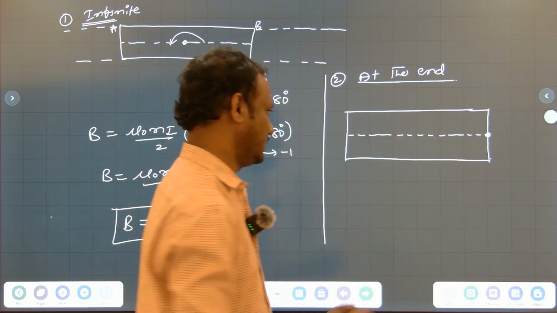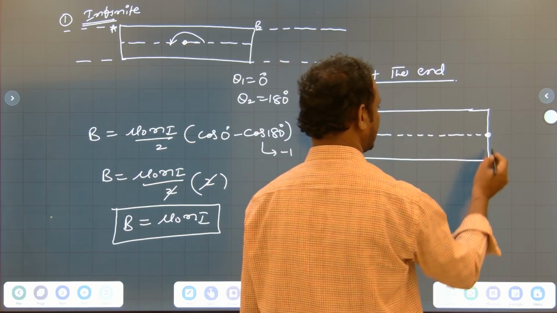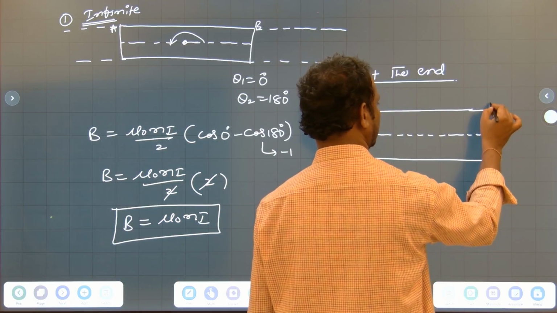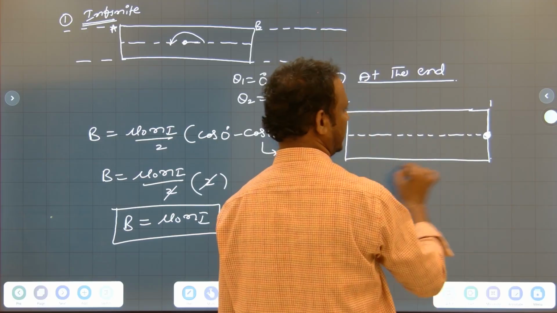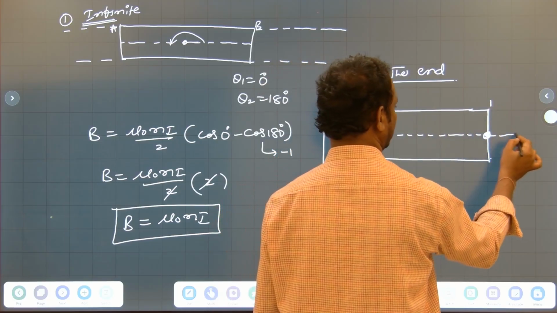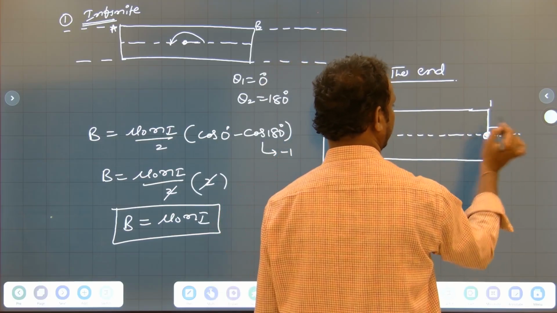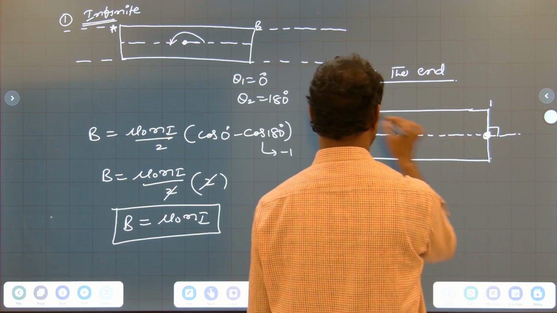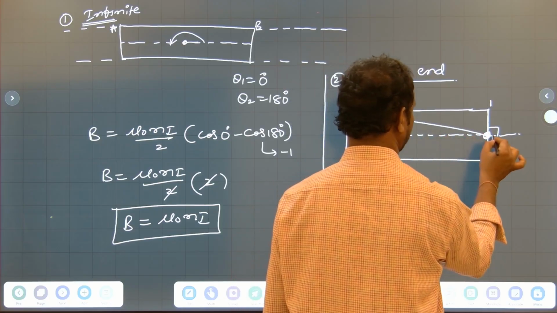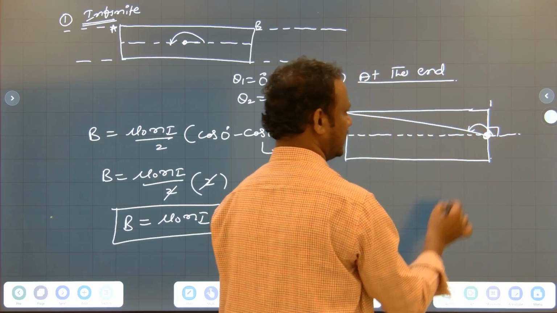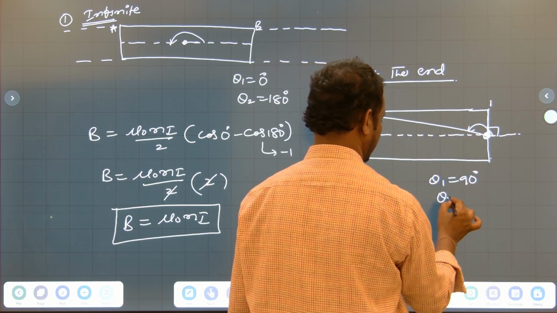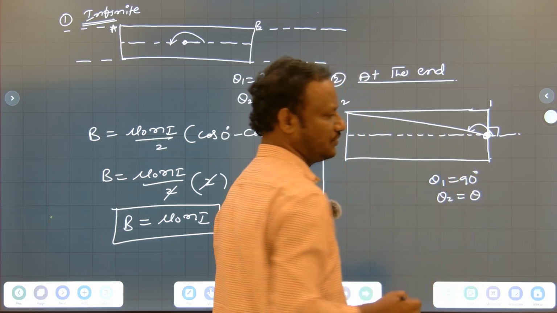At the end, the first angle theta 1 is 90 degrees, and theta 2 is some angle theta.